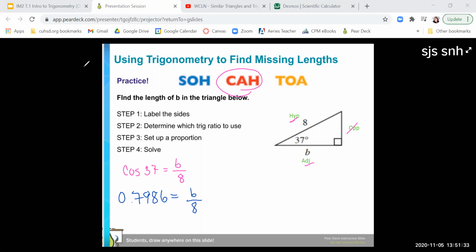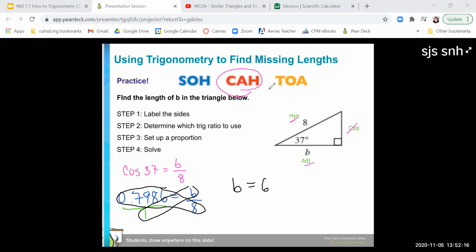Then I'm going to put that decimal over 1 so I have a nice fraction compared to my other fraction, and cross multiply. So B times 1, that's B, and 8 times 0.7986 is 6.3888.